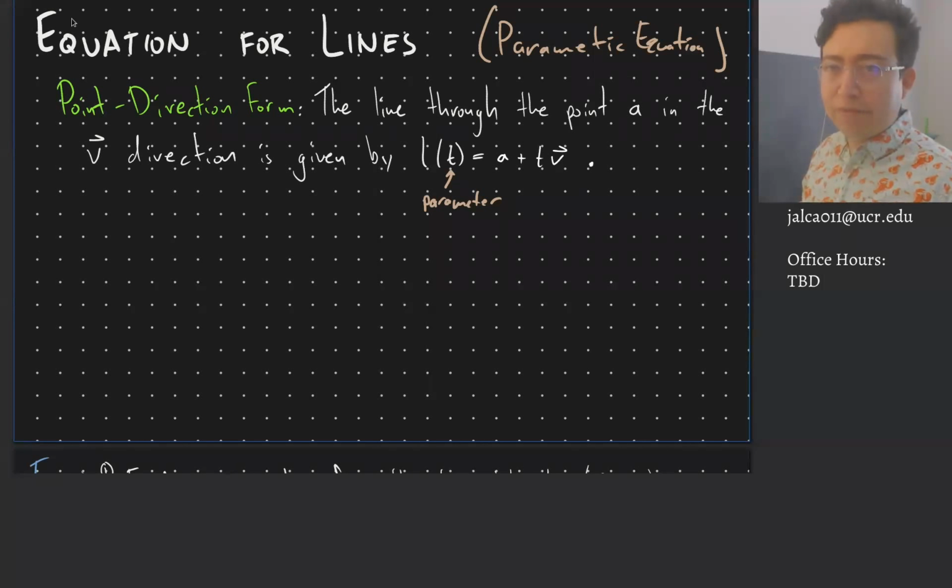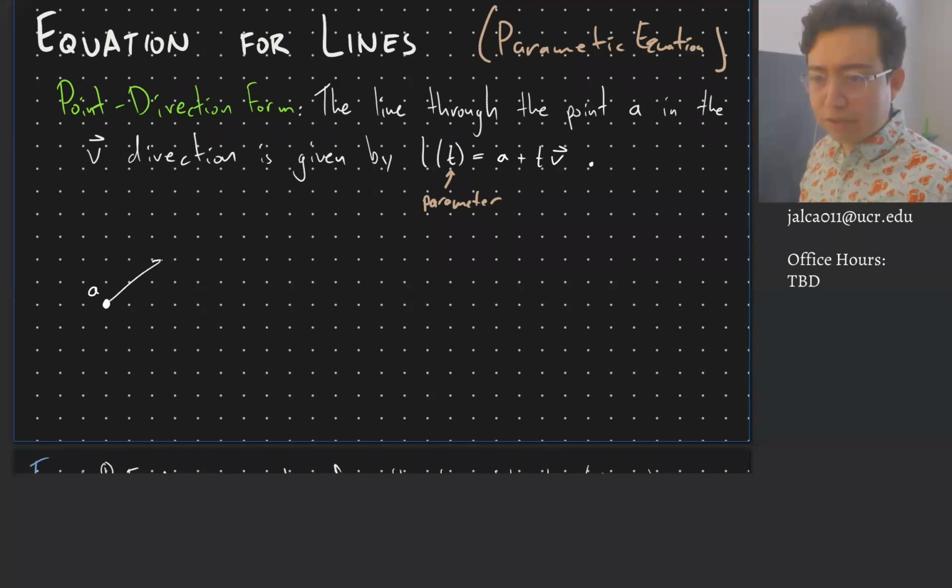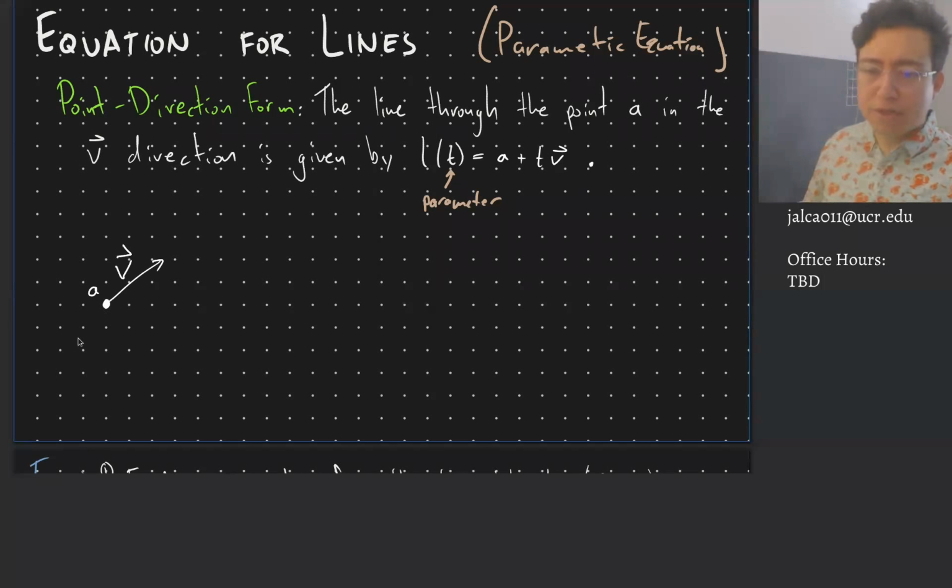So if you're given a point, let's say this is our point here, A, and you're given a direction, V, you want to draw the line through this point in that direction. Let's draw that line here, in a different color.